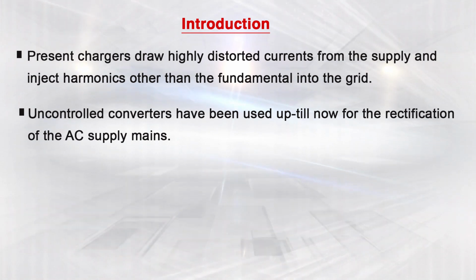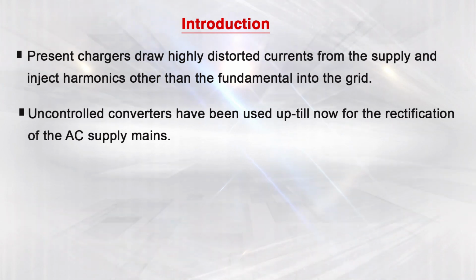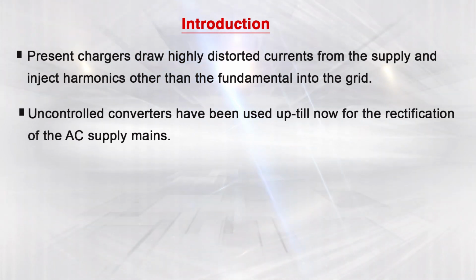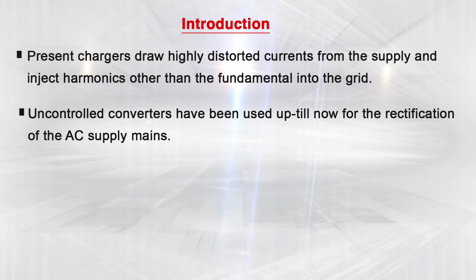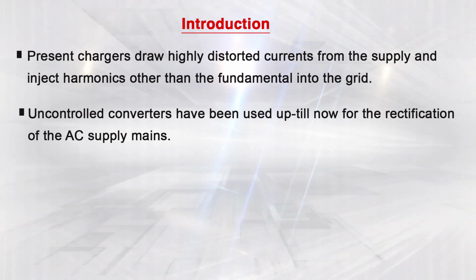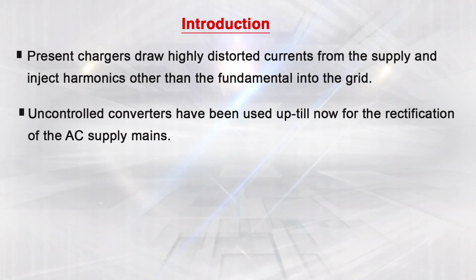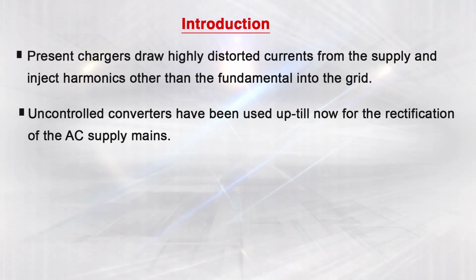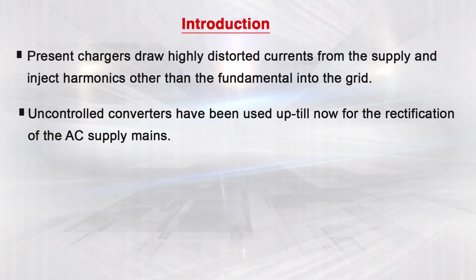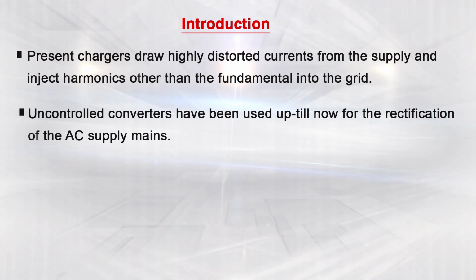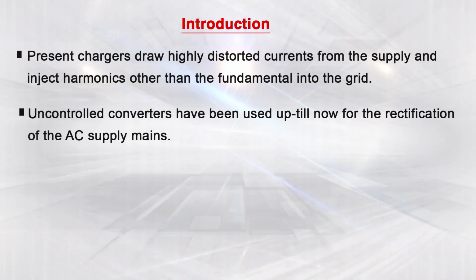So, it is observed that the charger which we have right now draws very highly distorted currents. Basically, there are two types of power electronics based loads. Suppose you have a rectifier converting AC supply into DC supply and immediately you have connected an inductor. In the other case, you have a rectifier and immediately at the DC side a capacitor.